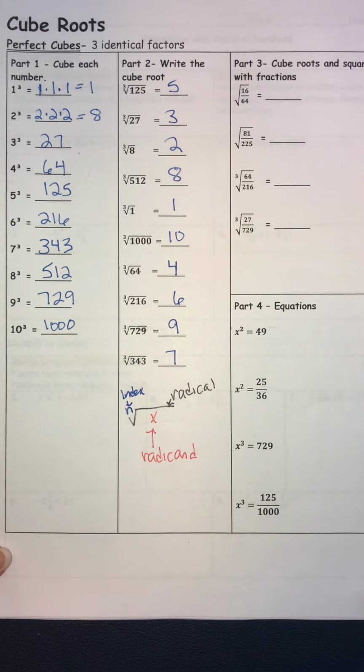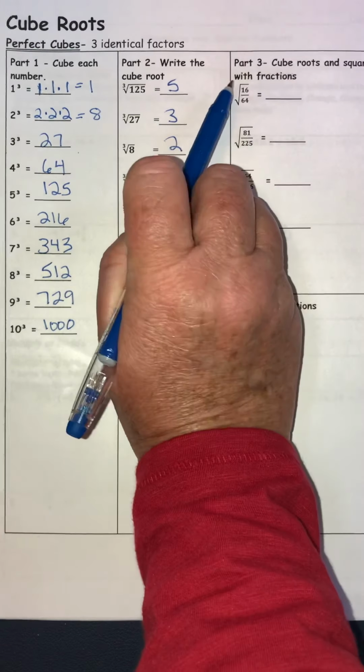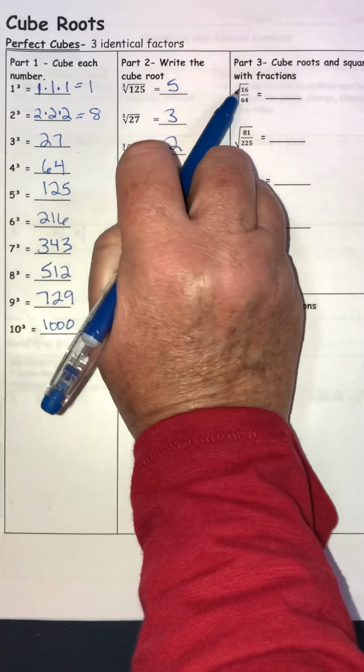Okay. Part 3, we're looking at cube roots and square roots with fractions. Now I remember that when I have fractions and I have to find the square root, I have to find the square root of my numerator and the square root of my denominator. So as I look at this, I see I have 2 perfect squares, and there is no index here.